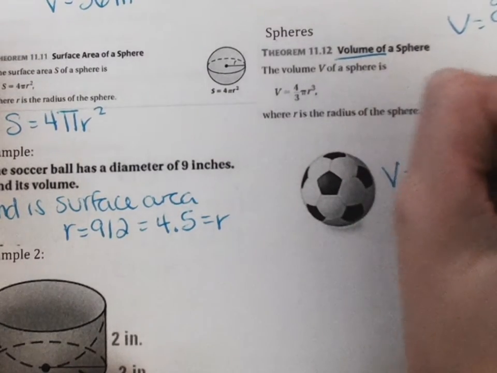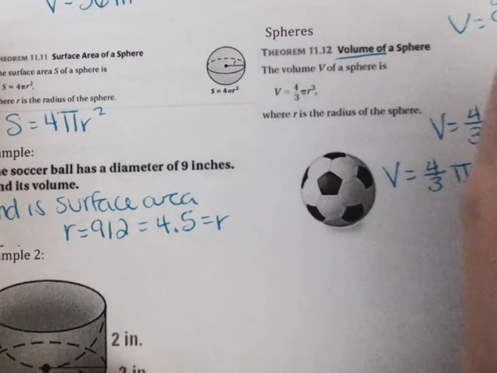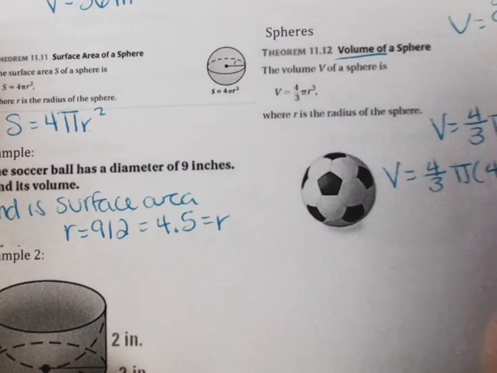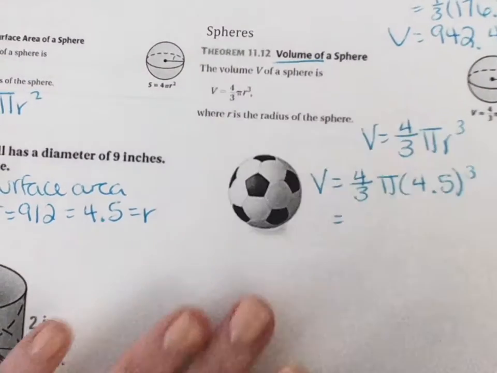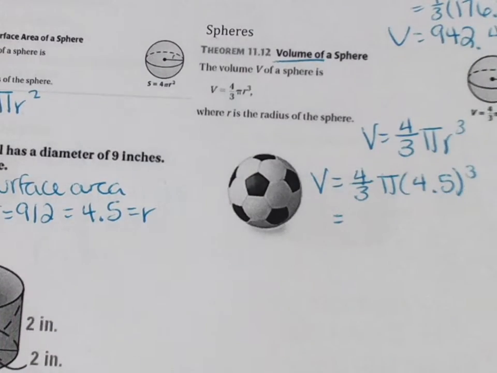We've got 4/3 times pi times 4.5 to the third power. And we're going to plug all of that into the calculator. So you're going to do parentheses 4 divided by 3. You can put pi in parentheses if you want, and then parentheses 4.5 to the third power.